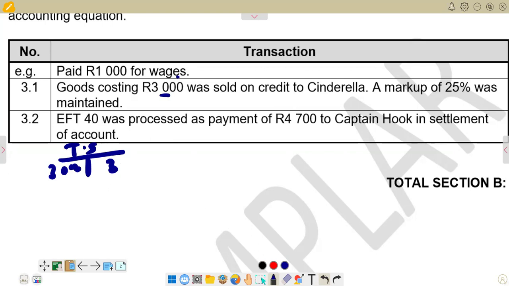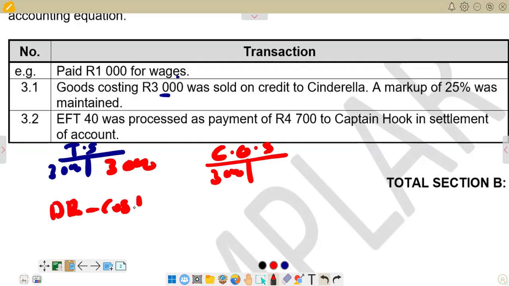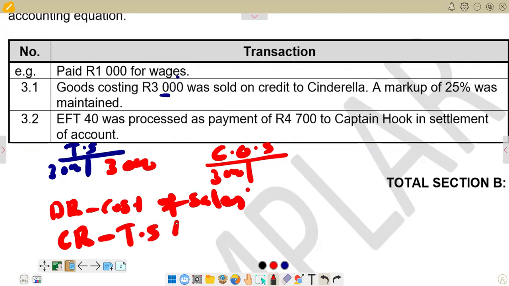So basically what we are saying in the double entry now is we are crediting to remove them in the books, and then we are supposed to debit them in the cost of sales account, and we debit them as 3,000. So basically, this is the double entry that we have, whereby we are saying debit cost of sales, and then we credit our trading stock account.